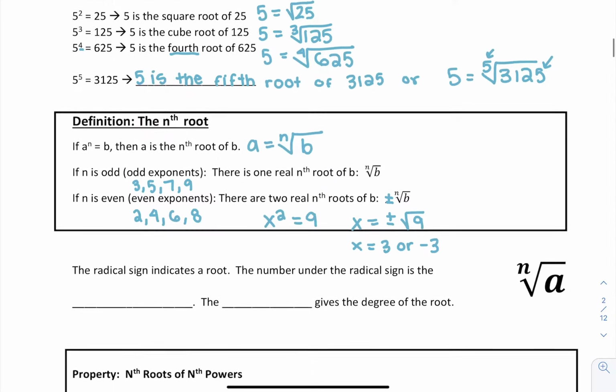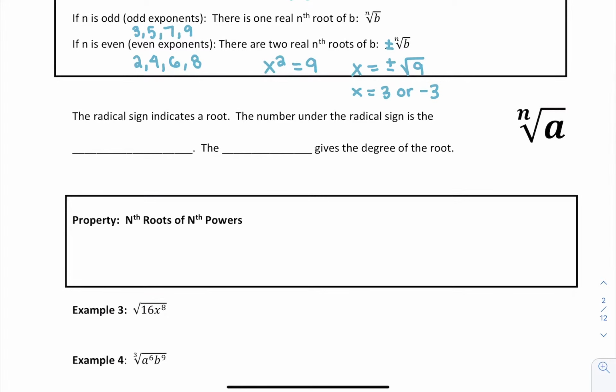So the first thing we want to get through is some notation and some words that we use to describe these. The radical sign, this sign right here, indicates a root. The number under the radical, this a right here, is called the radicand.